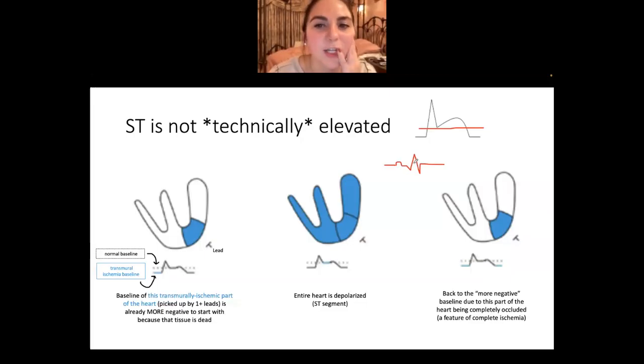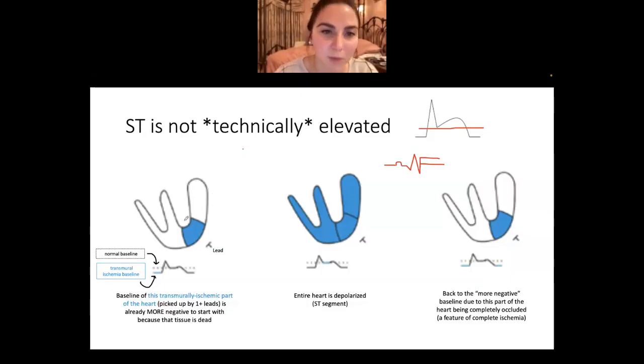With an ST elevation myocardial infarction, the ST segment is just going to appear higher compared to the normal baseline. What this basically means is if you have transmural ischemia, and this is what I was explaining, Riley, I think you would have gotten there because you only have 30 minutes left of yesterday's PowerPoint. I was saying we can go back through the basics of what happens when you have ischemia, what happens to the cells at rest.